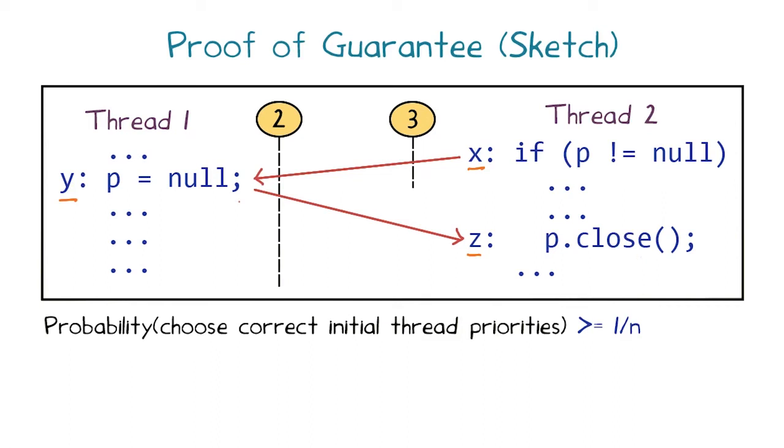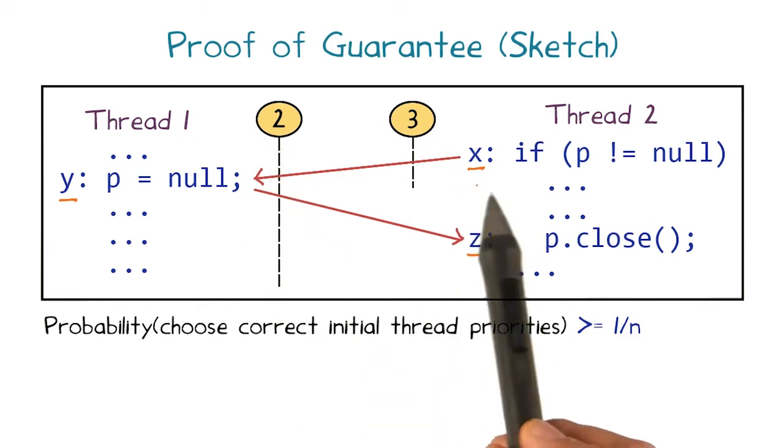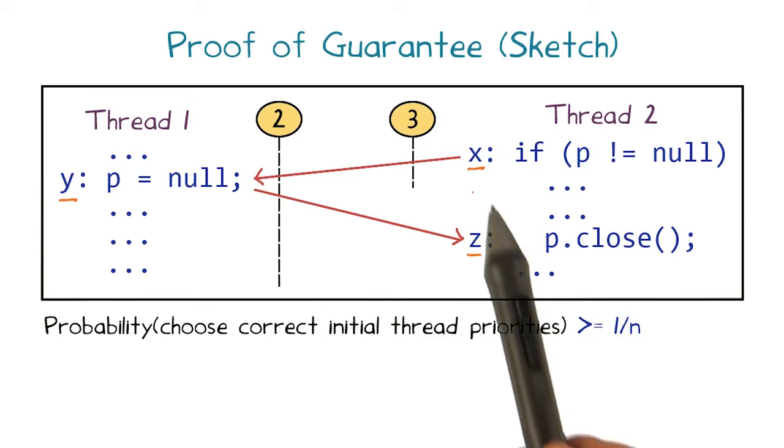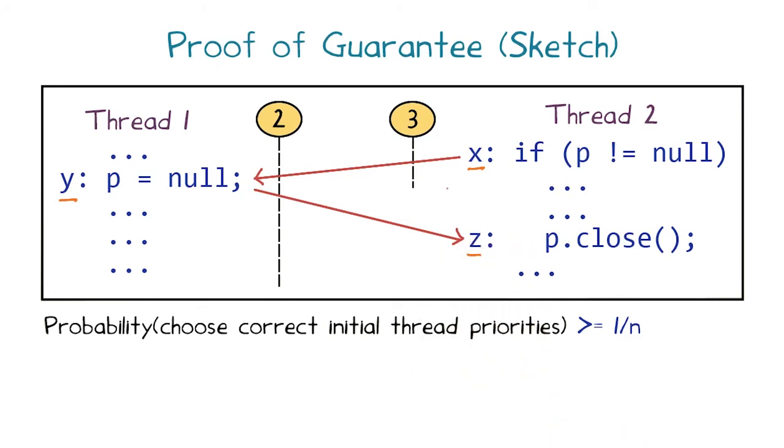Next, to ensure that statement Y executes before statement Z, the priority of thread 2 should become lower than the priority of thread 1 after statement X is executed. This can be achieved if the thread priorities are changed after statement X is executed by thread 2.